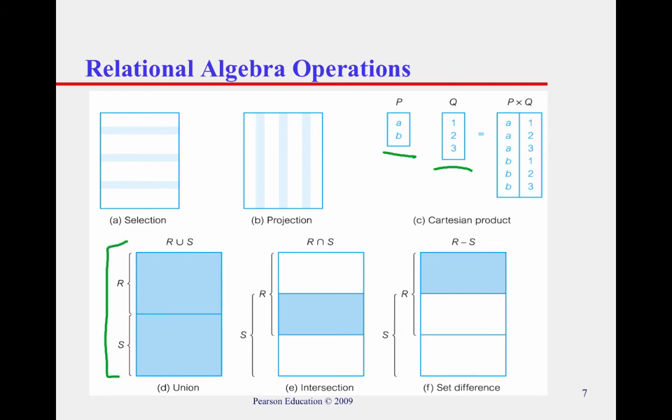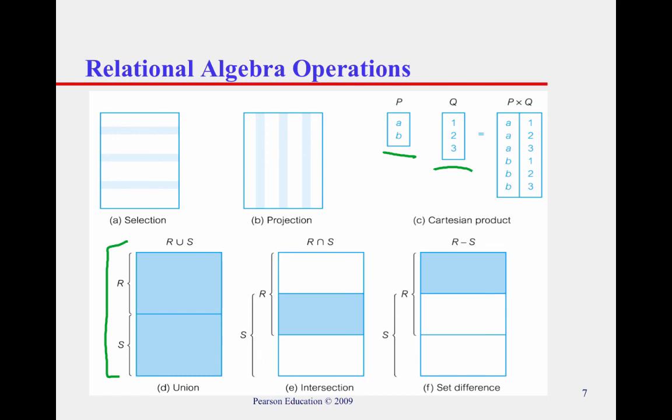Union is essentially a concatenation of the 2 relations with a removal of duplicate tuples. Remember that a relation can't have duplicate tuples, so at most you'll have for each tuple one duplicate in the other one. But at any rate, it eliminates duplicates. Intersection is just the common tuples between two relations.